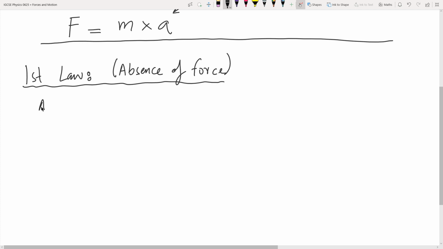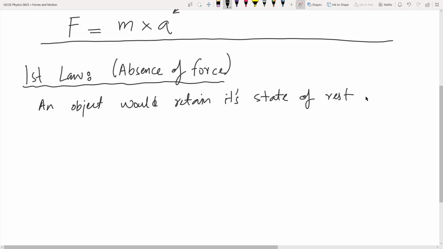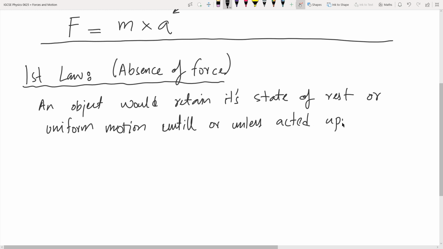That means an object would retain its state of rest or uniform motion until or unless acted upon by a force, right? Now that's the first law.